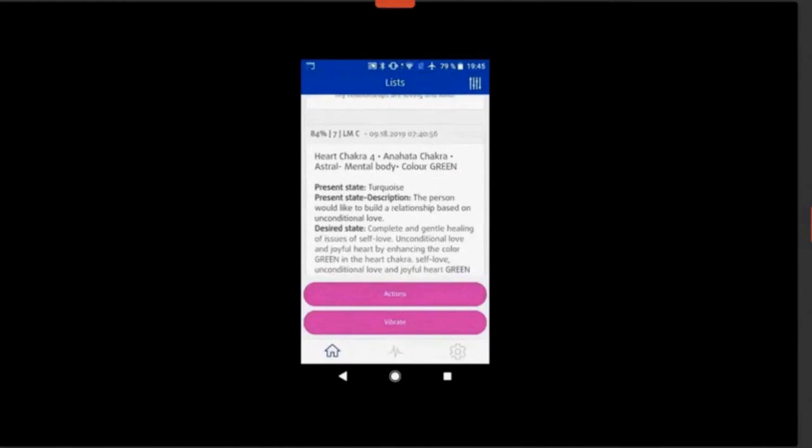These parameters make the list entry palatable for us, or in other words, they give the frame in which we have to interpret the result for us or for the client. So what does 84% relevance mean? That means how important that one entry is related to the analysis of my heart chakra right now.